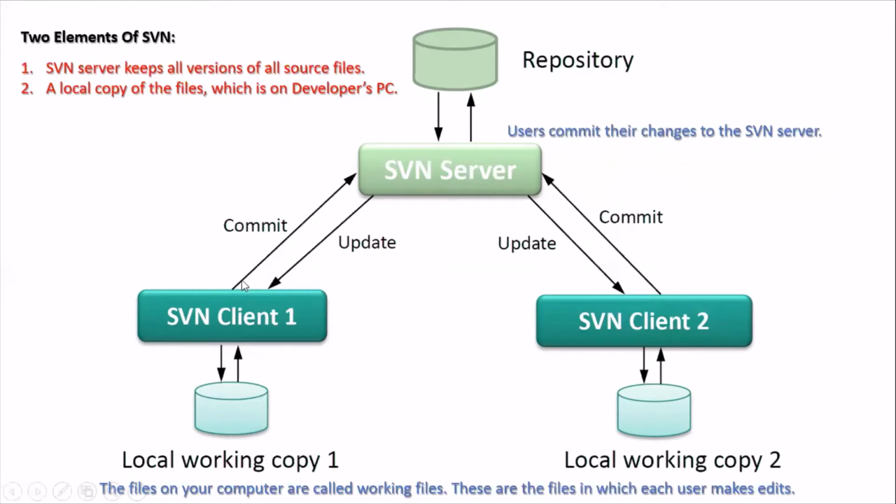Whenever I make changes and commit, they will be stored on the SVN server, and whenever required, I will pull them back. The developer's PC always contains the working copy, he makes changes on those files, and when he finishes, he commits and stores them to the SVN server.